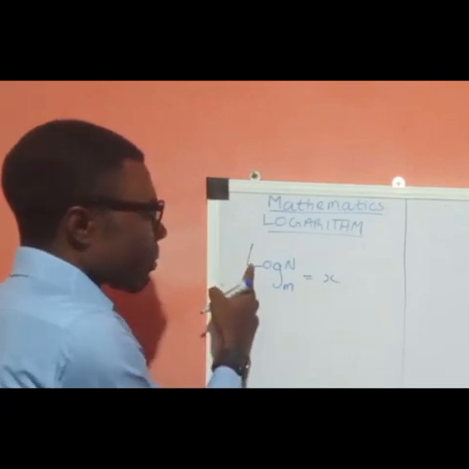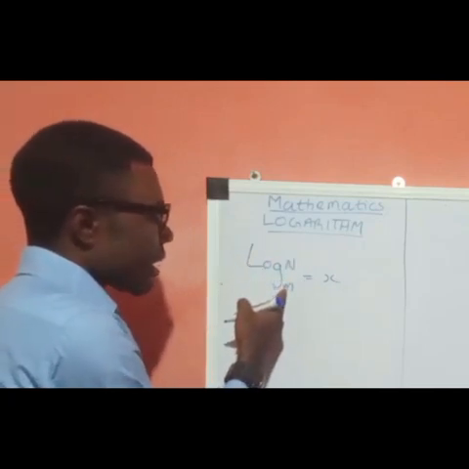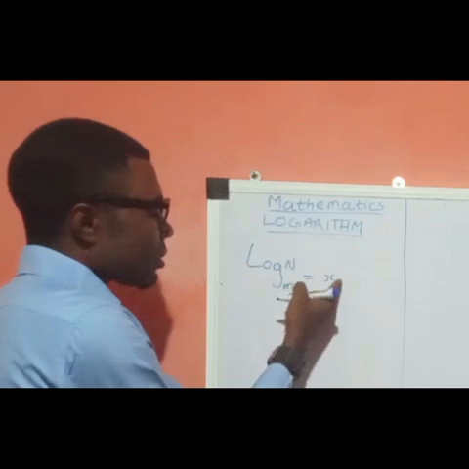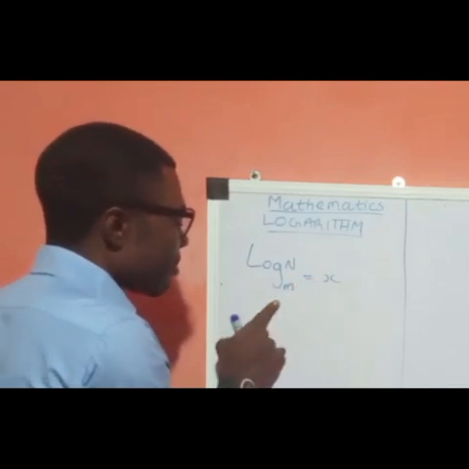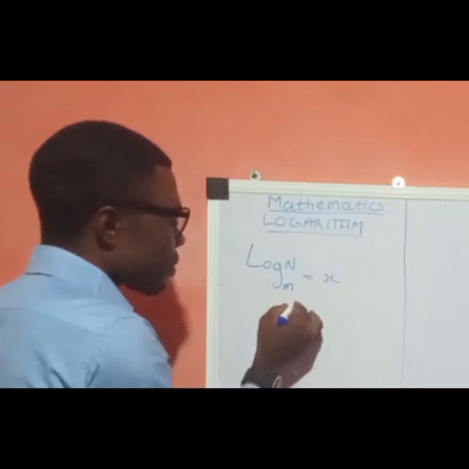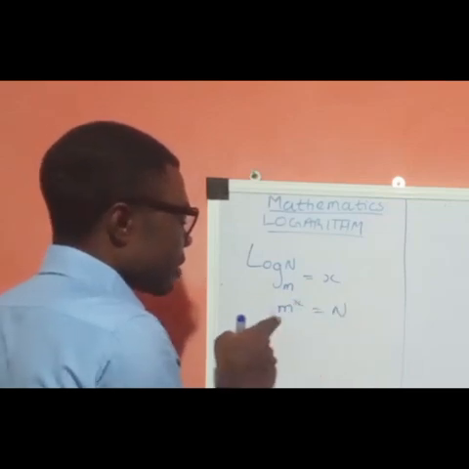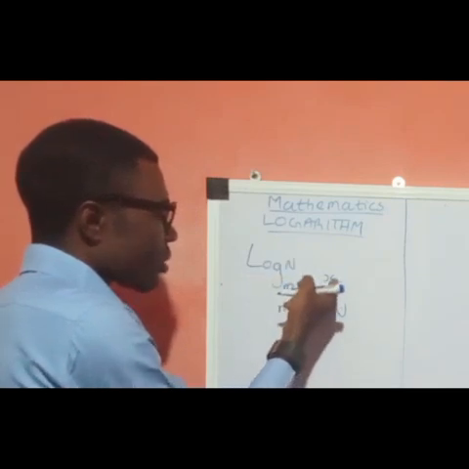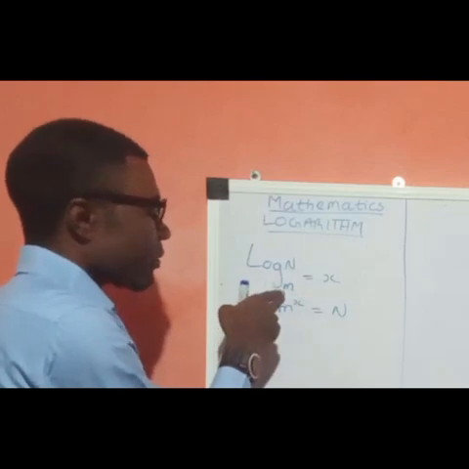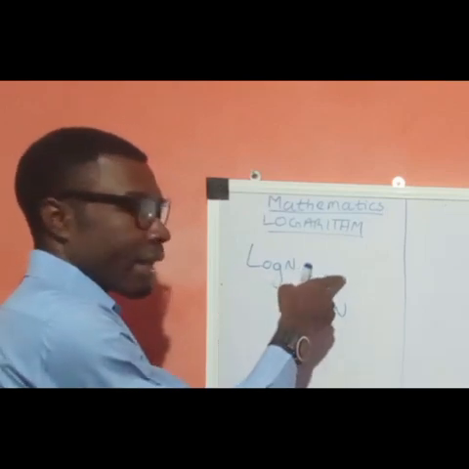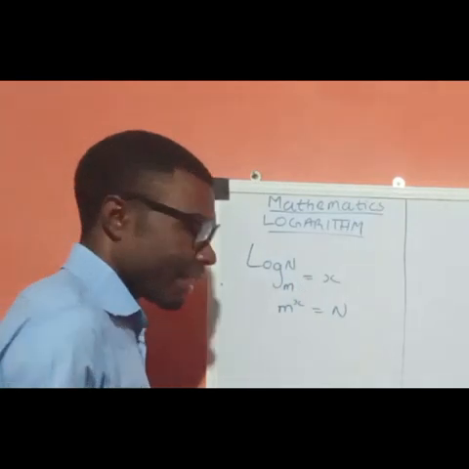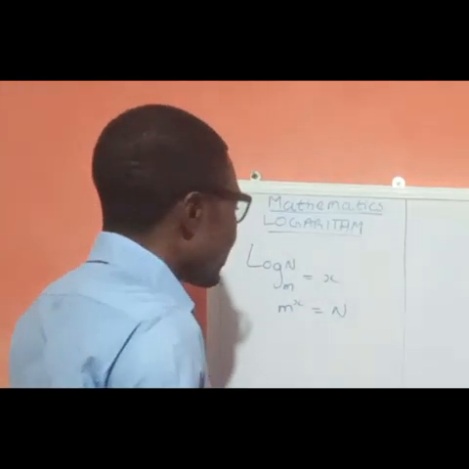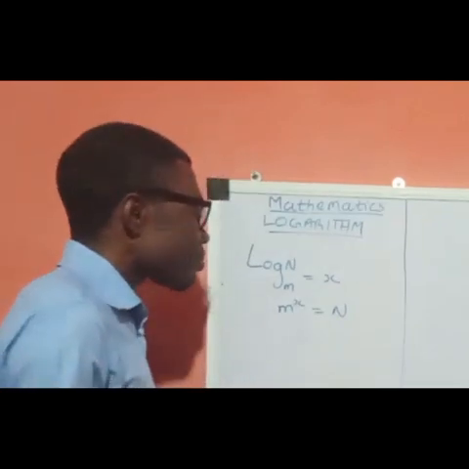The logarithm of a number n to base m is that number to which m will be raised to get n. So the logarithm of n to base m is equal to x if and only if m raised to power x is going to give us n. That is the simple definition of logarithm.